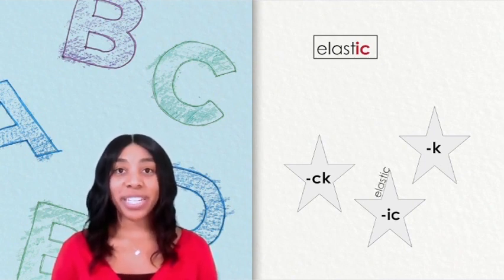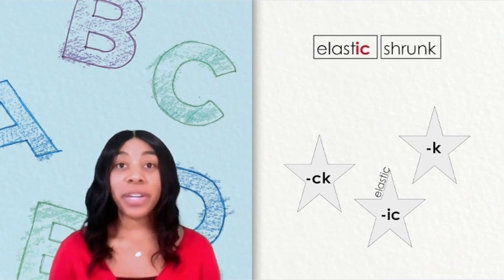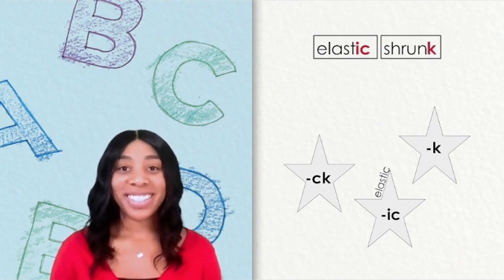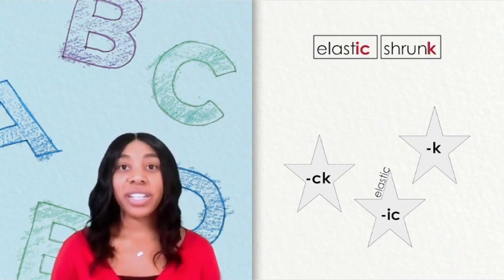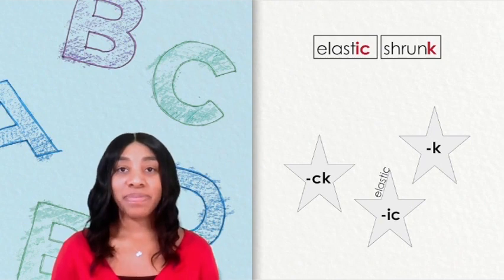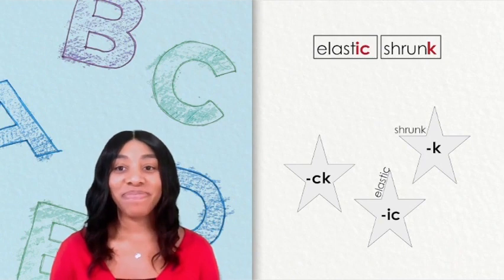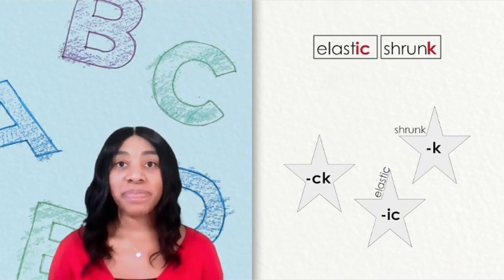Let's try another word. How do you pronounce this word? Shrunk. Which star does the word shrunk belong on? We heard the k sound at the end again, and it is spelled with just a K. Let's try another word.